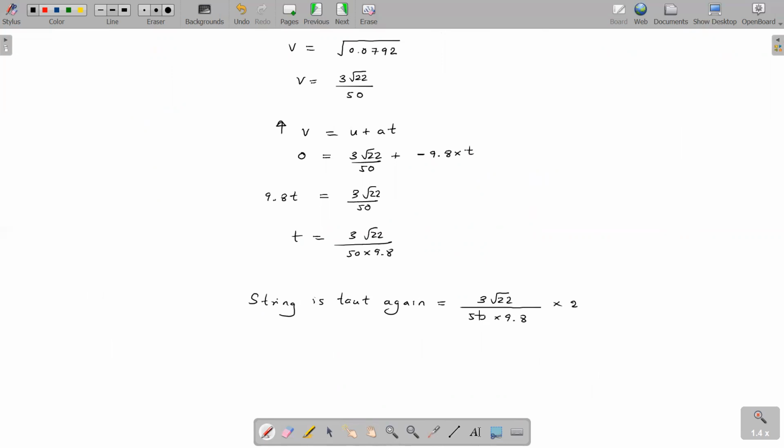Because you have to times the time by 2, because that's the time taken to go up. You have to come back down again for the string to become taut. So take 3 root 22 over 50, divide by 9.8 and multiply by 2. So what's the time value we get here?